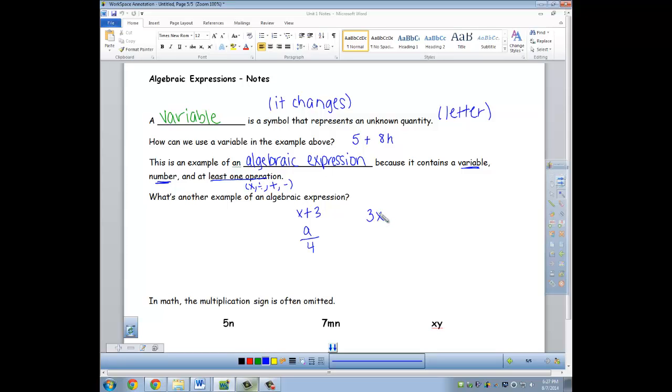Whenever you have the number and the variable right by each other like this, it just means multiplication, which we're about to talk about. And you can also do, let's say, 9 minus n. So anytime you have the variable, the number, and something that's going on, it can even be more complicated. Like, for example, this one, the 5 plus 8 times h, that has two operations. It has addition and it has multiplication.